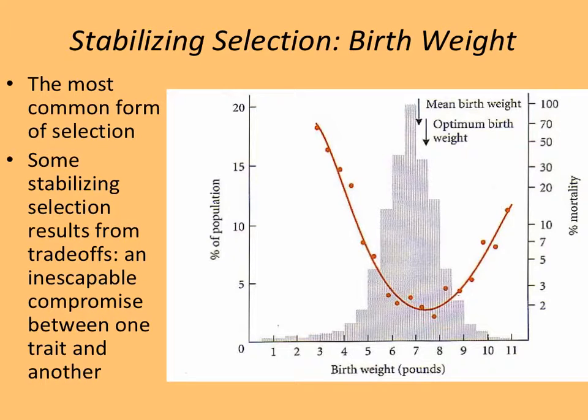Unfortunately, large babies sometimes don't. And not only do they not survive, but the mother doesn't survive. So here, the optimum birth weight is now here instead of over here.